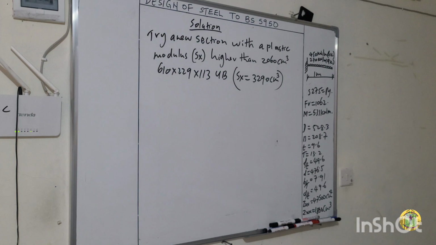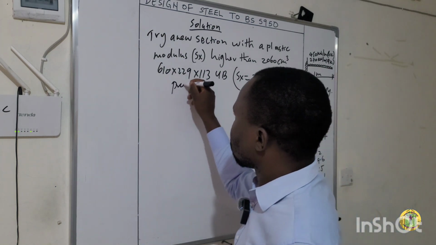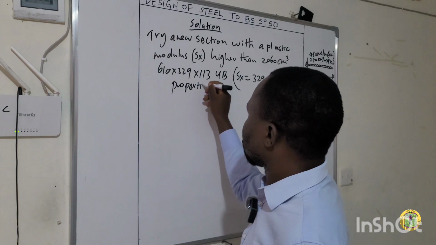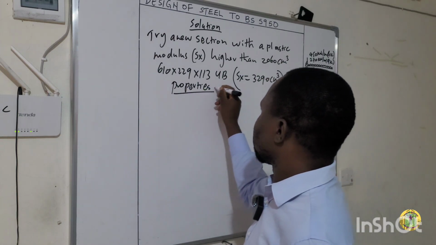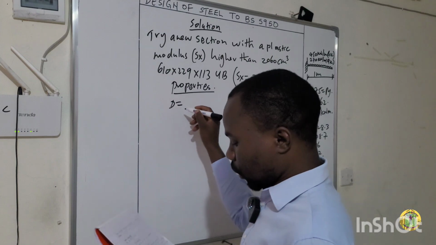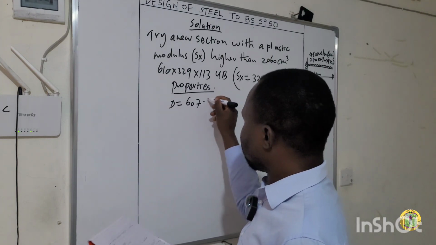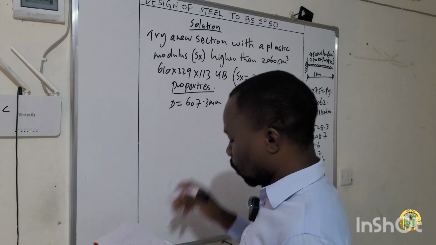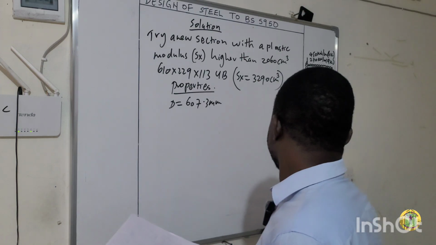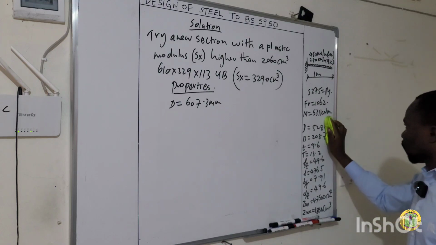Then we will come here and say properties. So we have D is equal to 607.3 millimeter. Let me write it here. I will grab this one because they are irrelevant.